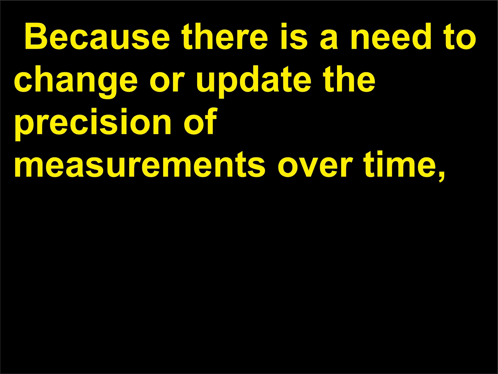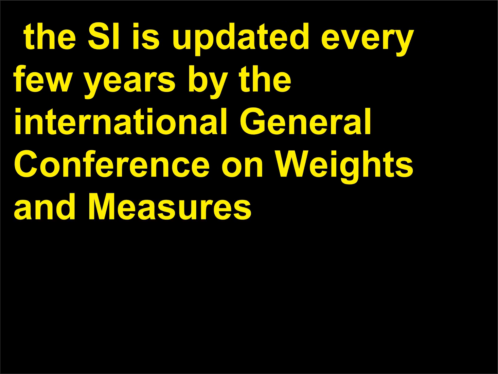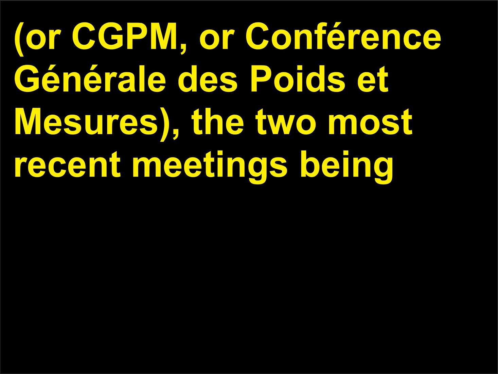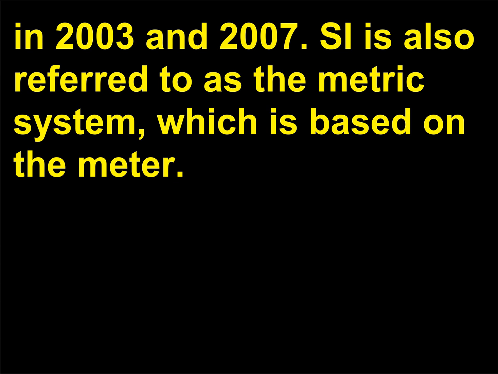Because there is a need to change or update the precision of measurements over time, the SI is updated every few years by the International General Conference on Weights and Measures, or CGPM, or Conférence Générale des Poids et Mesures, the two most recent meetings being in 2003 and 2007.